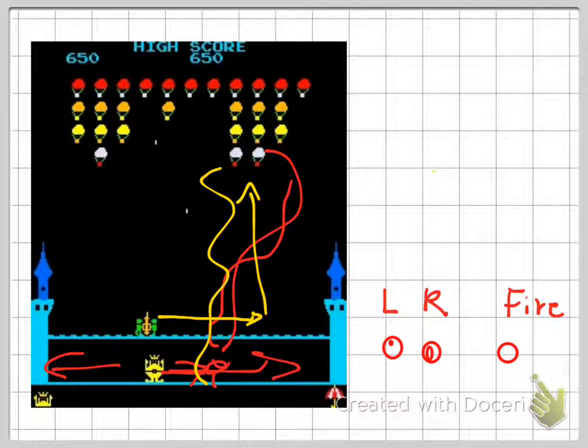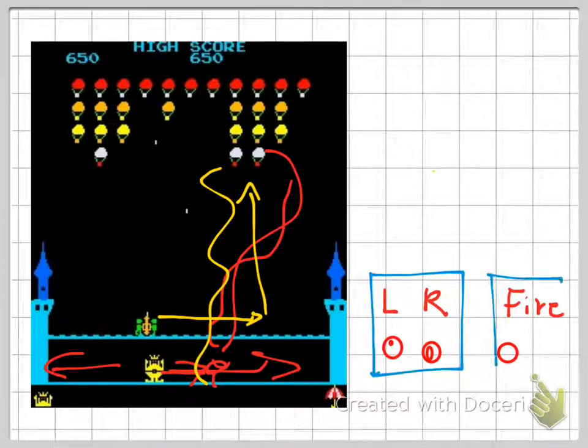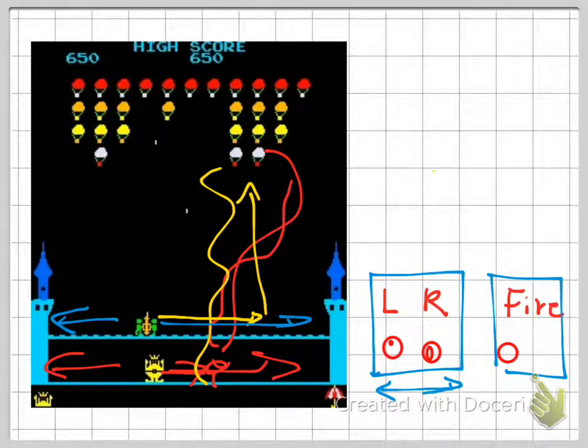Now, you might be asking, well, what on earth is Mr. Gunn talking about? Well, I want you to think about the controls for this game. They were pretty simple. Basically, you had 2 buttons, left and right, and all they did was move these little archer guys left and right. And that was how you got underneath balloons, either the ones that were floating overhead, or one that was swooping down, or one that was running away and trying to steal your king.